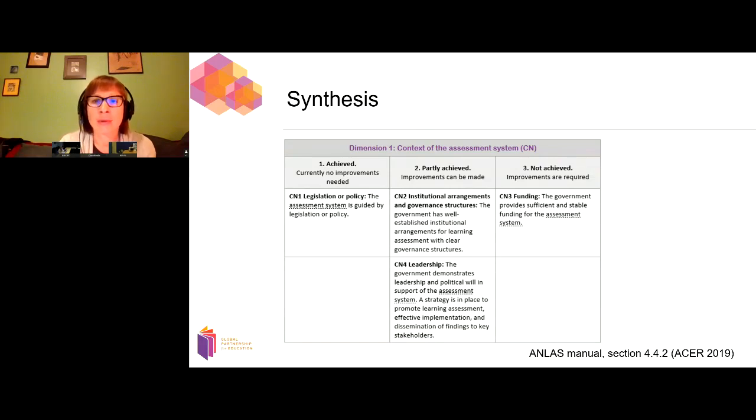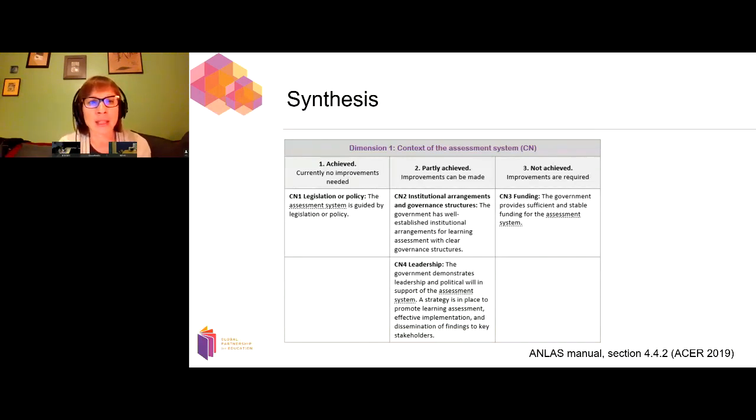So the synthesis requires mainly extracting and organizing the information from the consolidated evaluation tables from all key areas and dimensions. There are two tables provided to present the findings. And this example here shows the synthesis table 1, overview of the ANLAS findings, and it's shown for dimension 1, context of the assessment system.